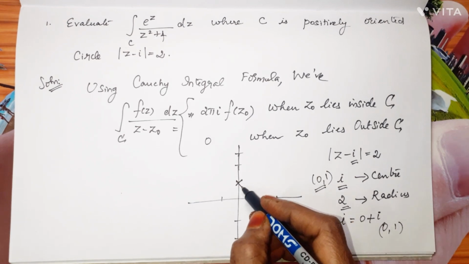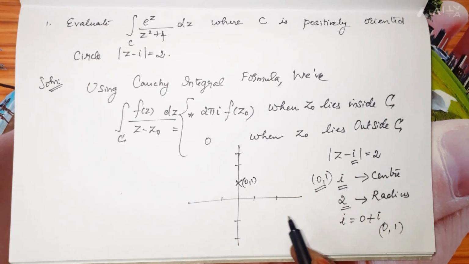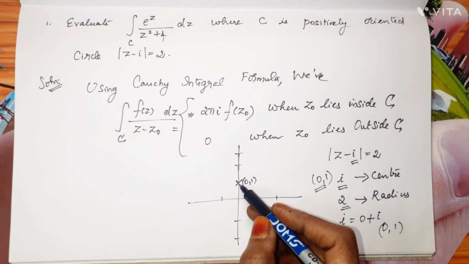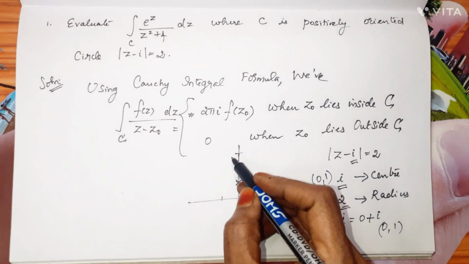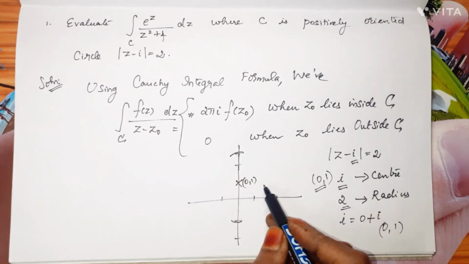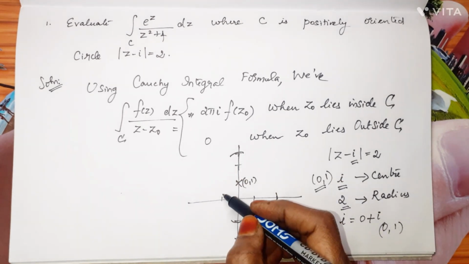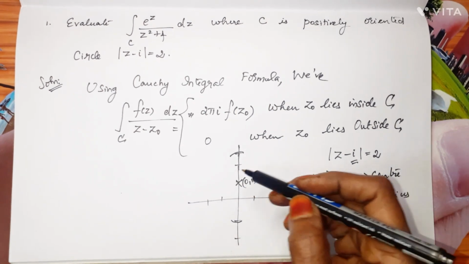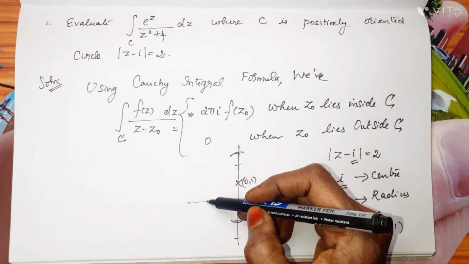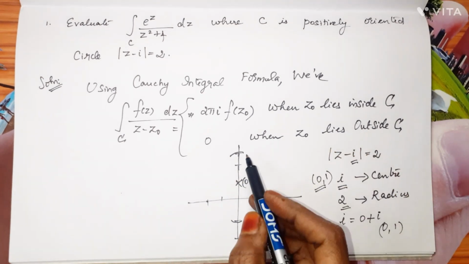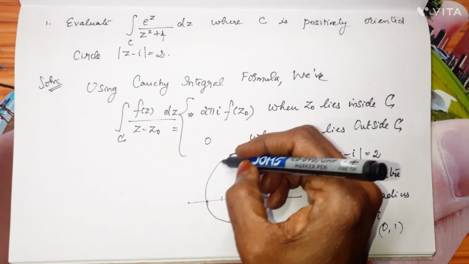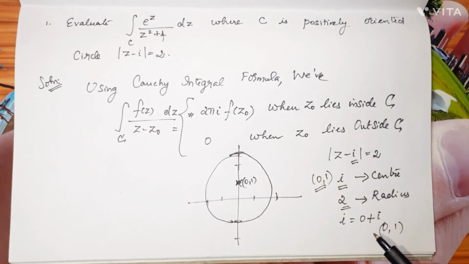So this is the point (0, 1), and using this as the center we have to draw a circle with radius 2 units. 2 units means this side up to this, and this side up to this, and so it will be like this. This is the center, and with this as the center we draw the circle.